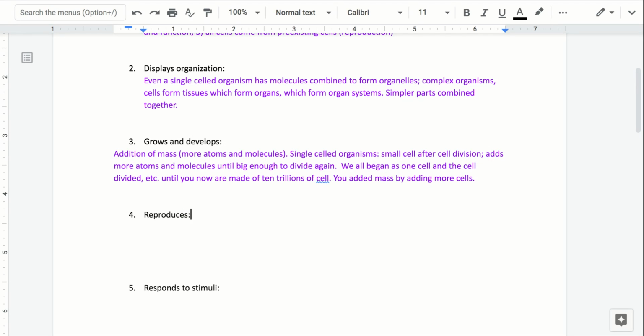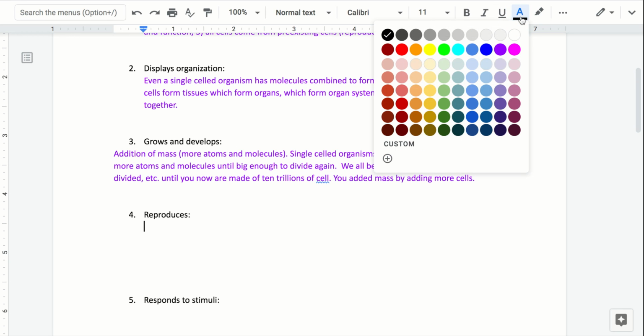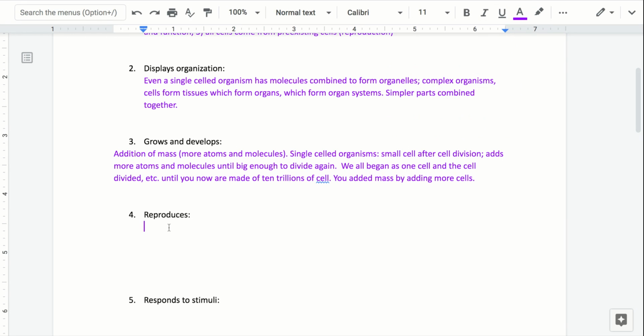Okay? Things that are alive reproduce. Even single-cell organisms have to reproduce. They go through some variation of mitosis.